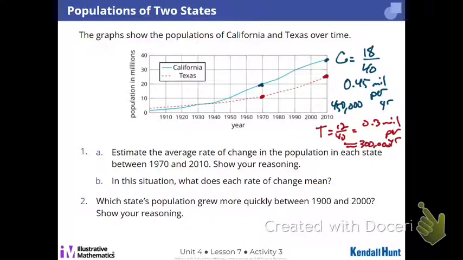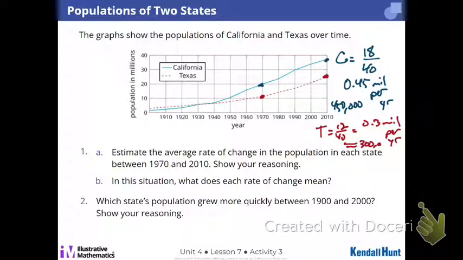And if you guessed extending this, it looked like, but we know the last 2 years happened. Texas is booming. Cali is not. Interesting times, right? So, in this situation, what does each rate of change mean?